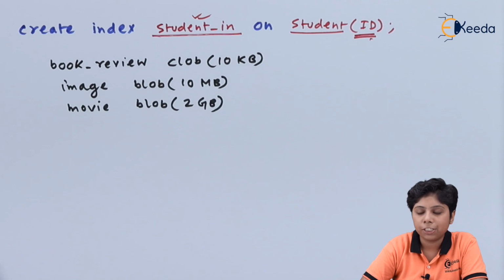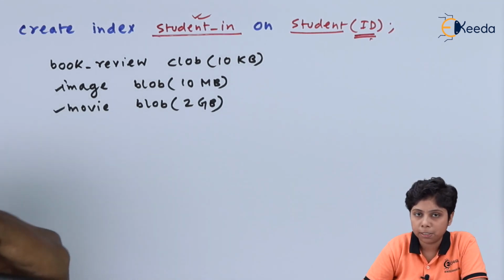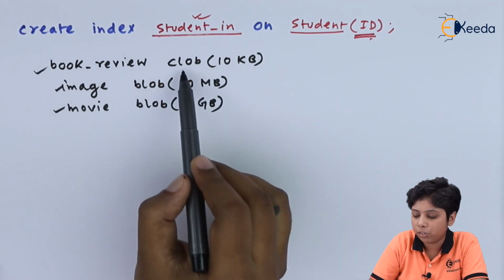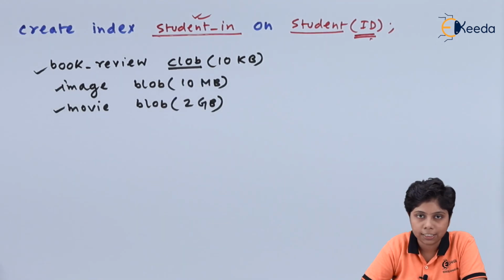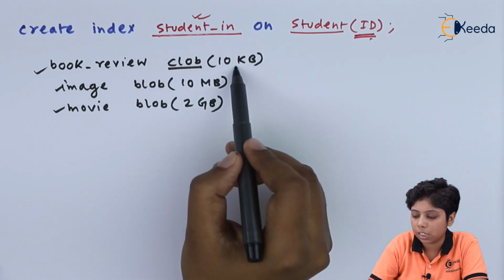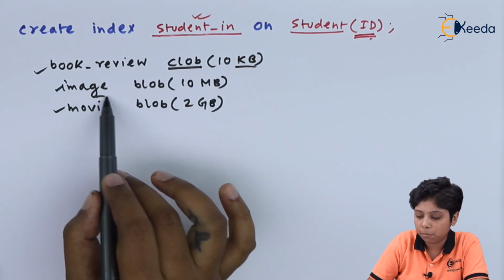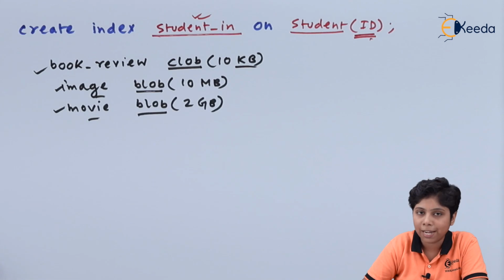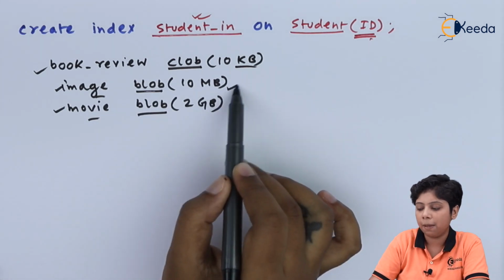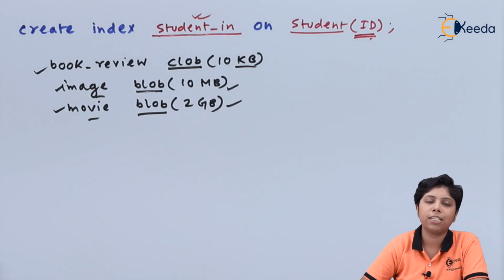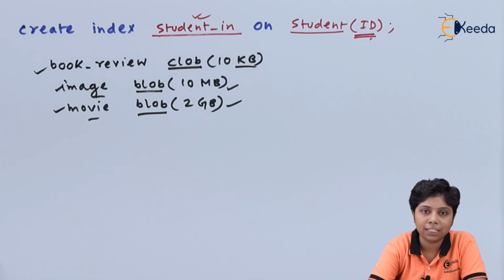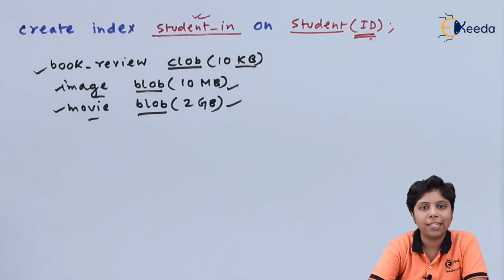So we can even attach an image or a movie to the database, and have a book review, which is shorter, as a character large object consisting of up to KBs, and an image or movie, which is considered a binary file, as a BLOB with MBs and GBs. In this way we can store large object data types in the database and fetch those values based on some conditions.